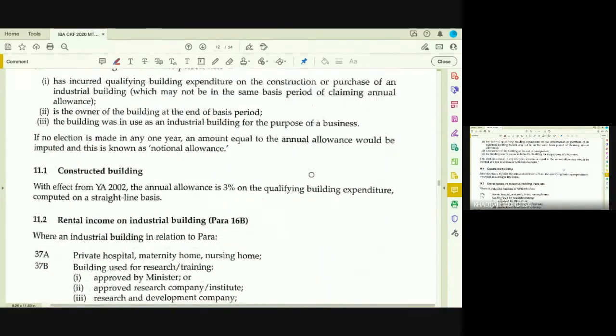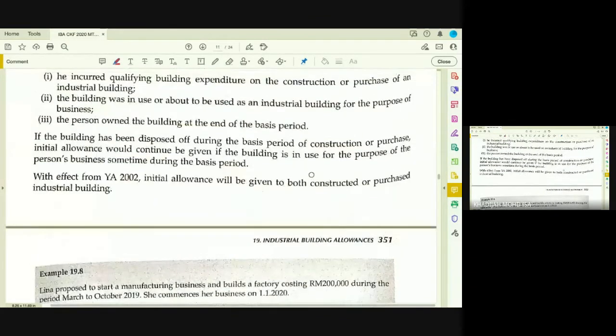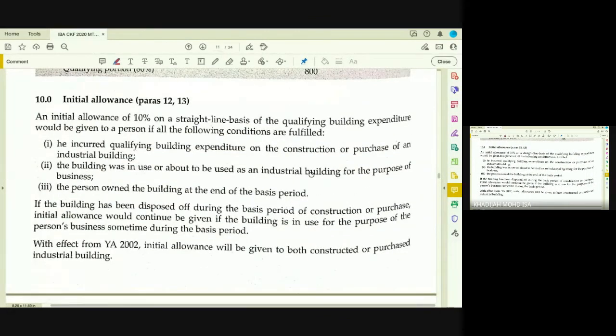Okay, before we go into the example, I just want to highlight the initial allowance, the qualifying building, and the conditions for you to claim. So for initial allowance, you must incur the capex, whether on construction or purchase of an industrial building. The building was in use or about to be used as an industrial building.